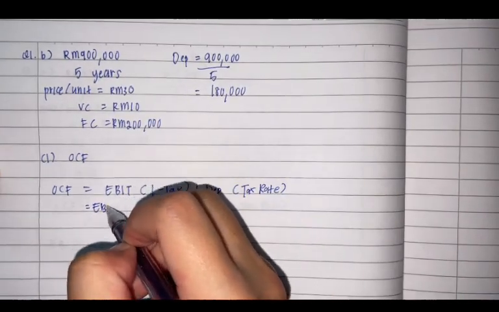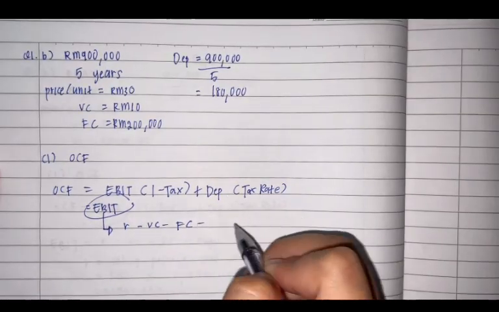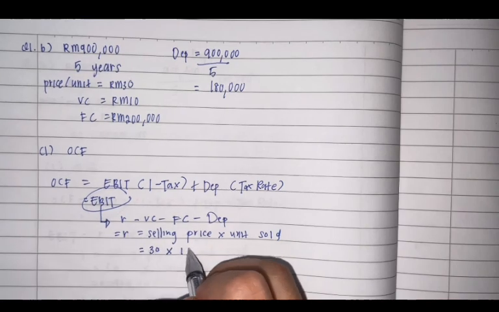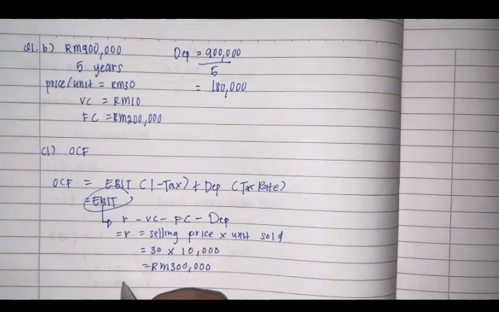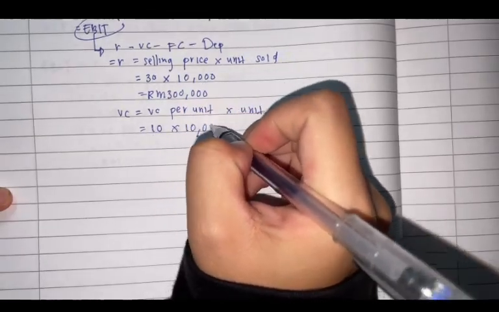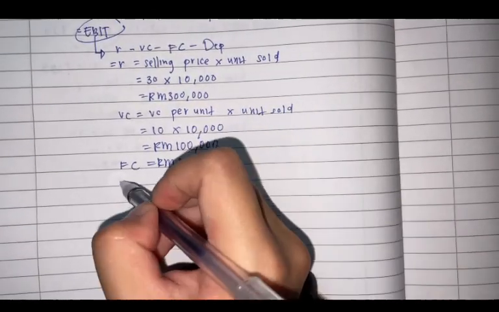Next, calculate the EBIT step by step. First, revenue equals selling price multiplied by units sold, which is 30 ringgit multiplied by 10,000 equals 300,000 ringgit. Next, VC equals VC per unit multiplied by units sold, which is 10 ringgit multiplied by 10,000 equals 100,000 ringgit.